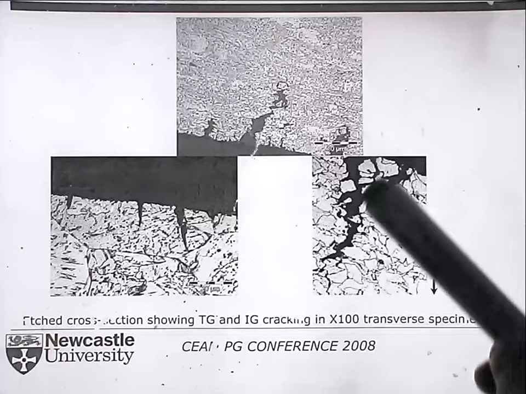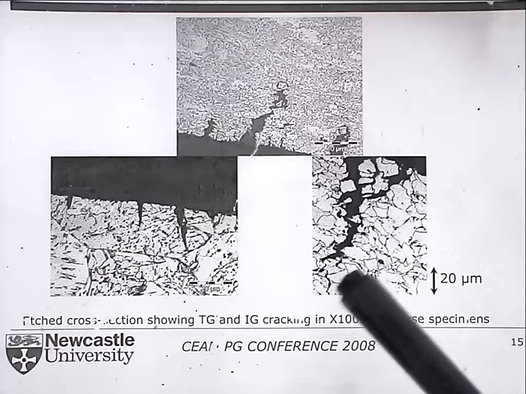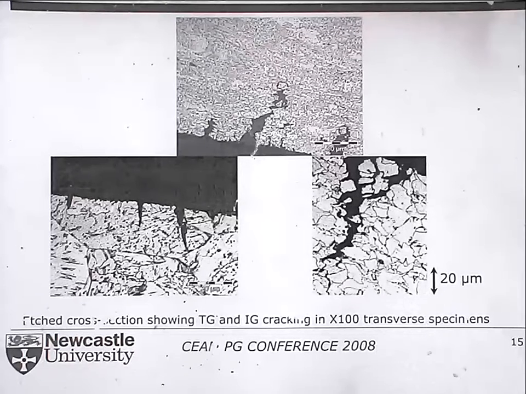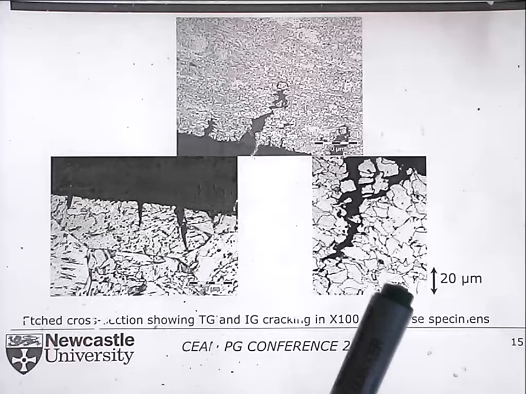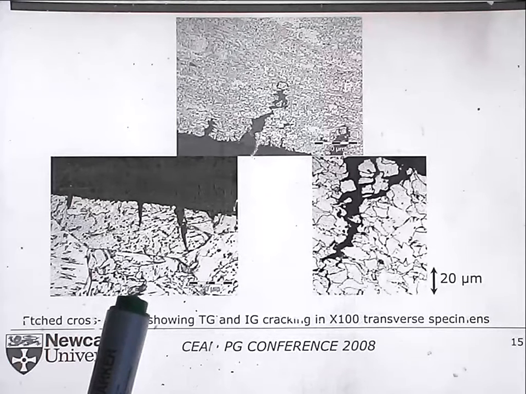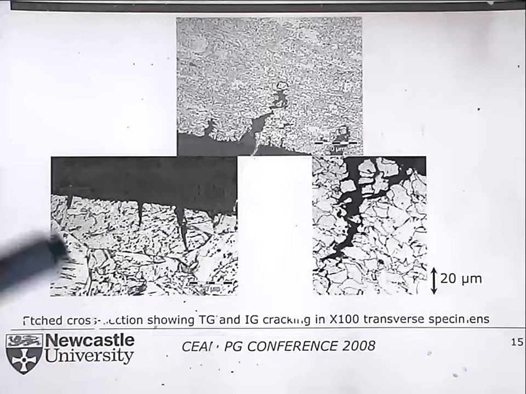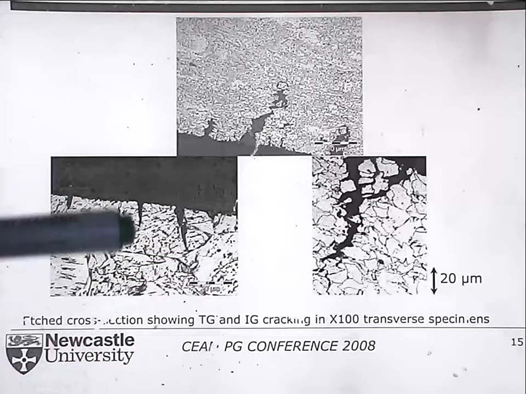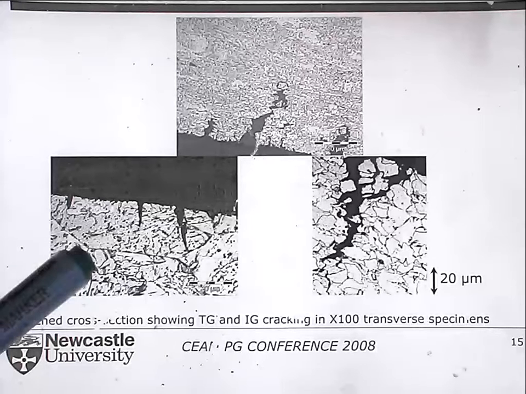The more anodic you go from the free corrosion potential, the more likely you're going to get intergranular cracking. So intergranular is corrosion dominated, and transgranular is more mechanically dominated, but not always. Okay.